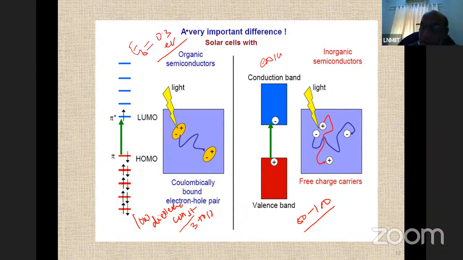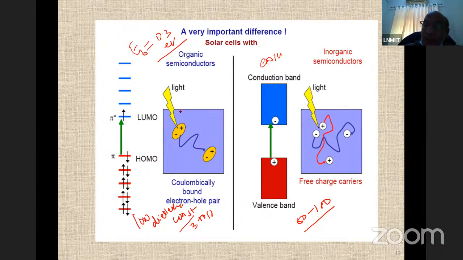So once the excitons are generated, they are not free. You need some external driving force to dissociate these excitons into free charge carriers. For that, we have to create an internal built-in electric field so that they can be dissociated into free charge carriers.